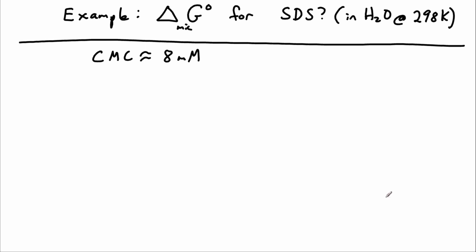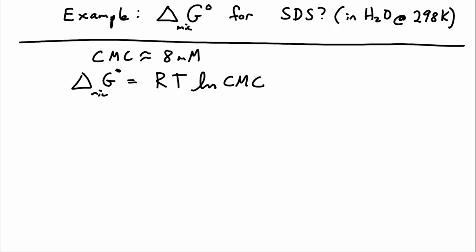This is really critical because if we look at our equation, delta G standard for micelle formation is equal to RT log of the CMC. We could express the CMC in any concentration units we wanted, and of course we're going to get a different numerical answer for our delta G standard depending on which units we use. So whenever you see standard free energy changes, those numbers are meaningless unless you know the standard state.